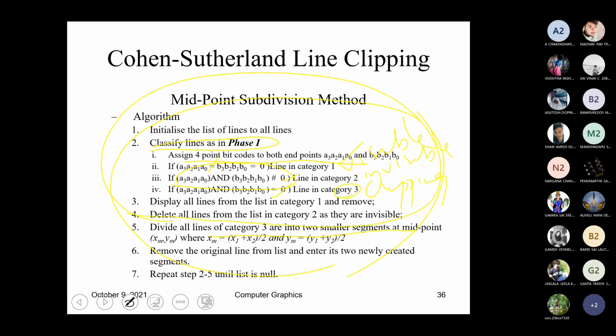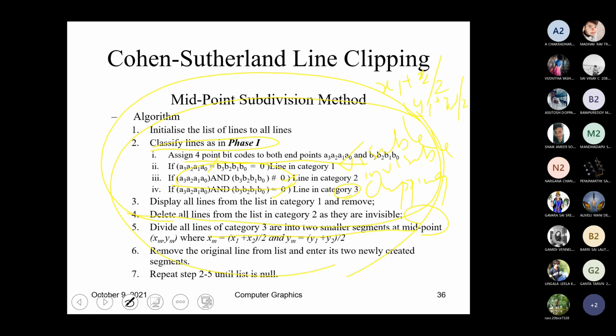For the last clipping case, you are calculating the midpoint, that is xm, ym. How to calculate xm, ym? Whatever points you have, x1 plus x2 divided by 2 and y1 plus y2 divided by 2.